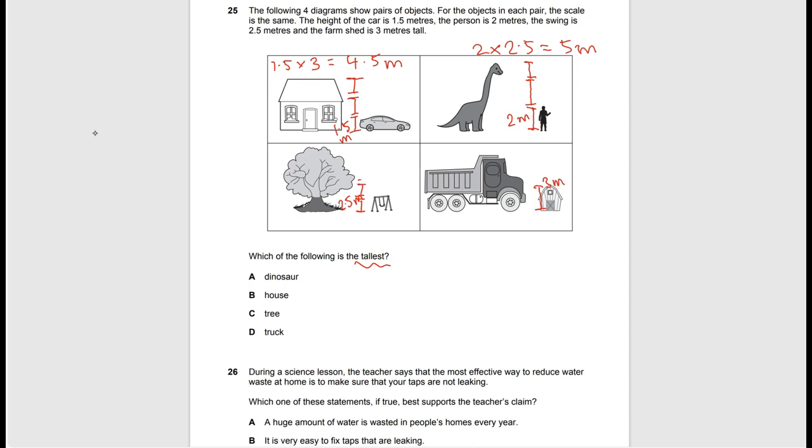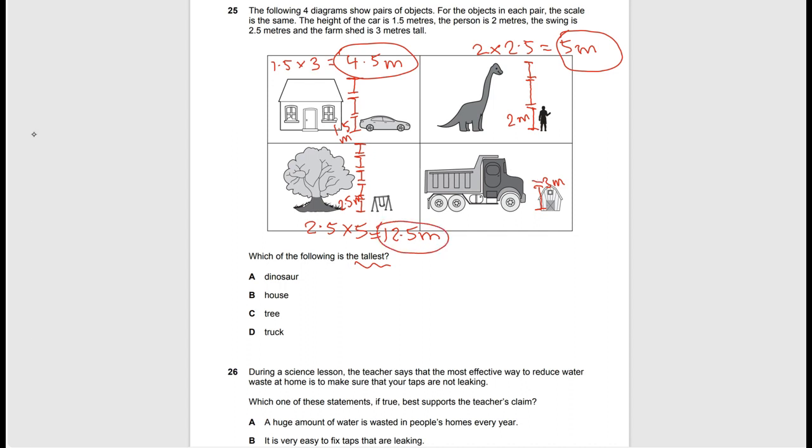So we have to estimate how many times taller this tree is than the swing. So I've estimated about 5 height lengths. So I'm going to say 2.5 times 5. And when we multiply that together, we get 12.5 meters. So already, this is bigger than our 4.5 meter house and bigger than our 5 meter dinosaur.